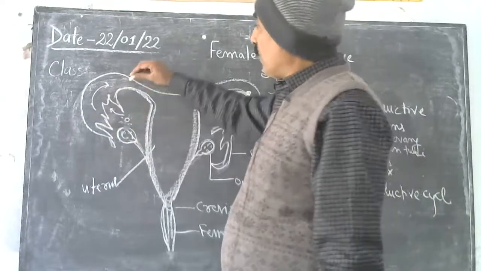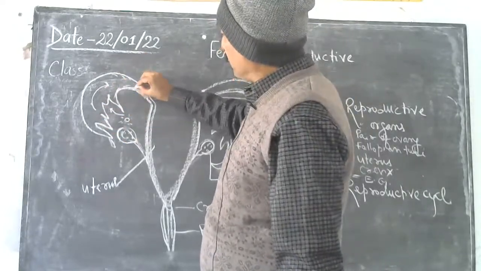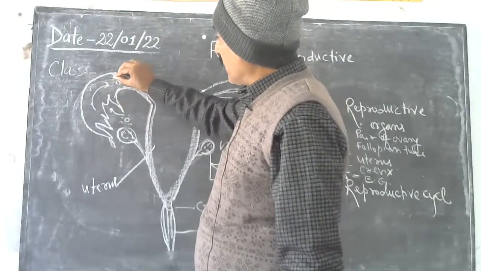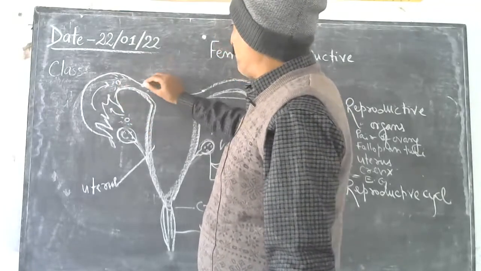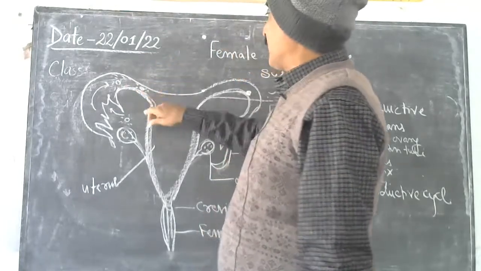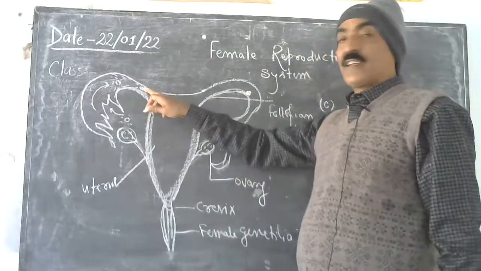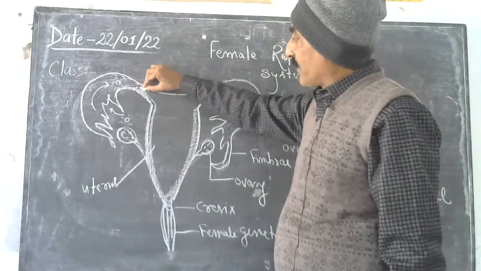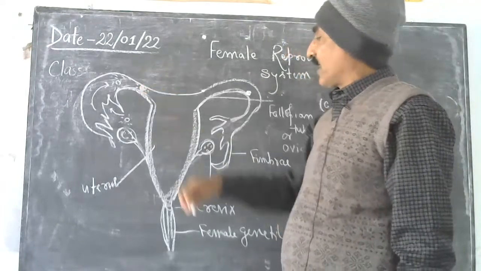Now in this oviduct, the ovum reaches on a particular specific day, which we will study later, and here only it is retained in the fallopian tube. The ovum reaches here after ovulation.